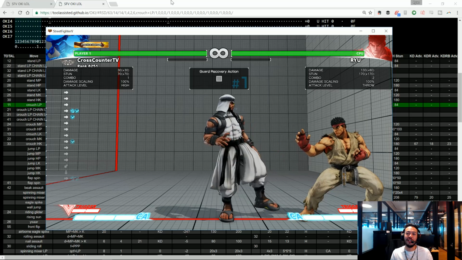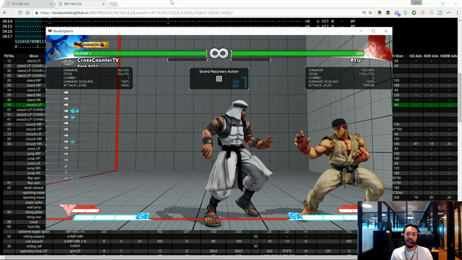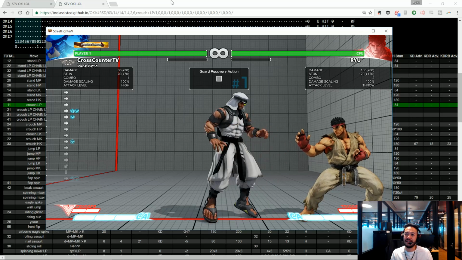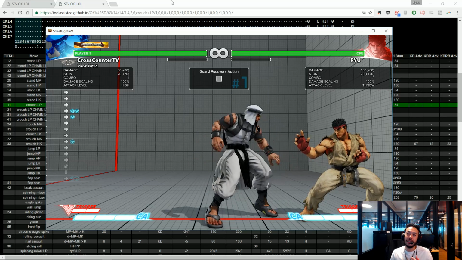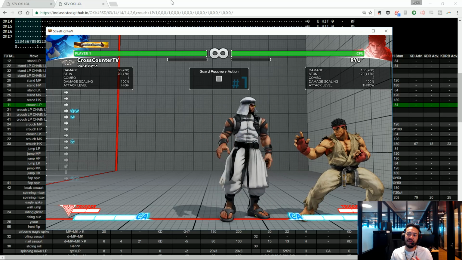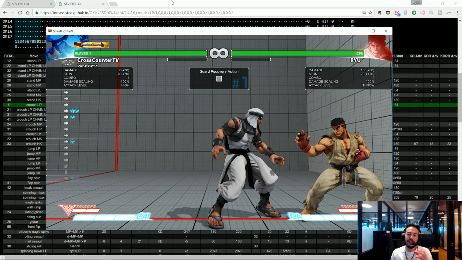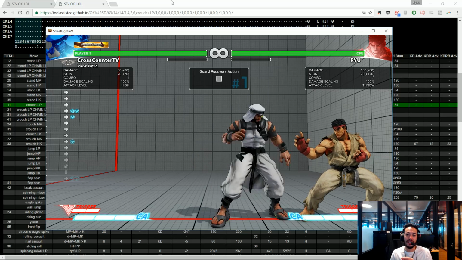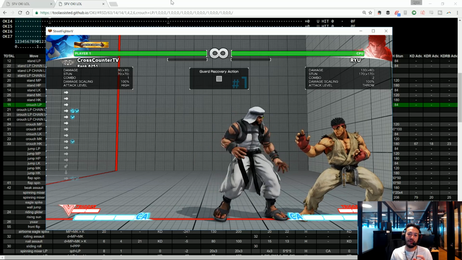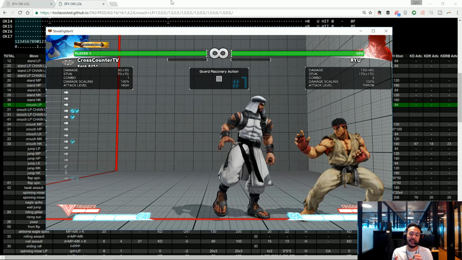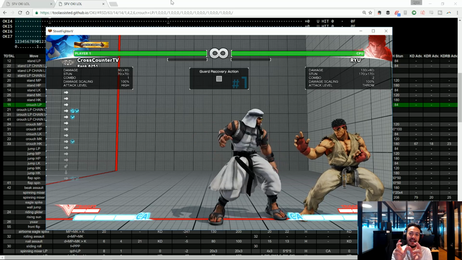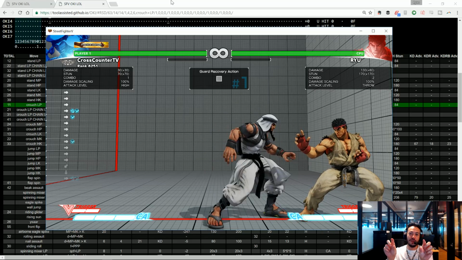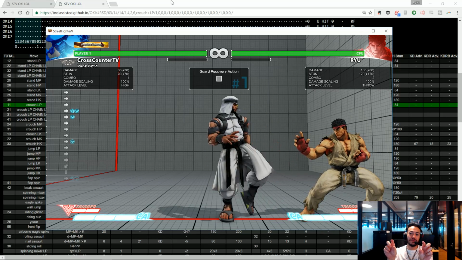That's a situation where it's generally better to go for a safe block string instead, because you can get gray life and chip damage and still keep the pressure on. The problem with going for the throw too early against a really strong player is that if they tech it, which they are likely to do, the situation is reset and you're back to neutral.